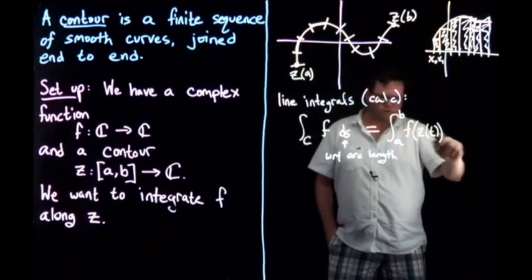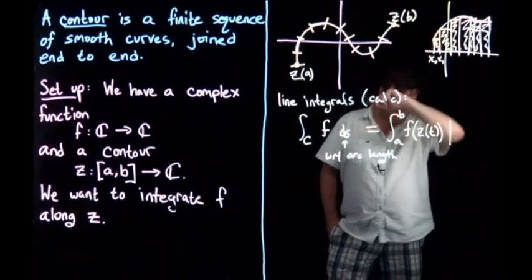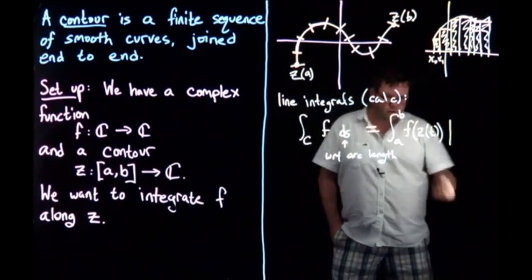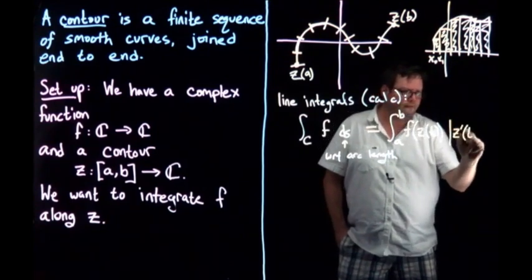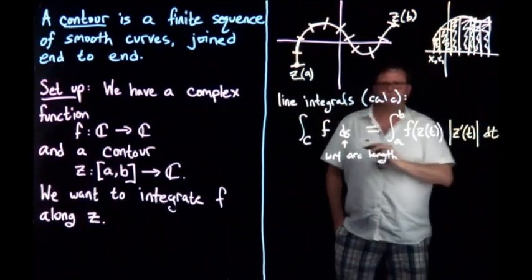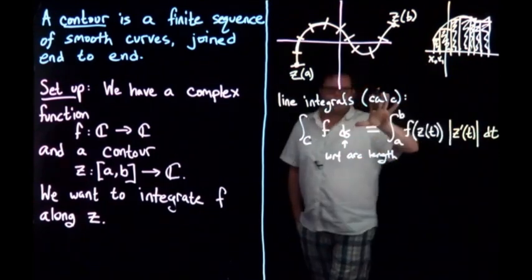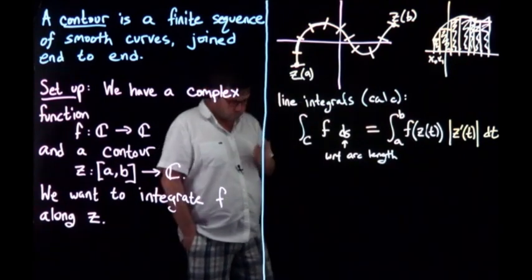We have to multiply by the speed of the curve at each point. The speed is, remember, in this case, the magnitude of the derivative. And we integrate with respect to t. That's the Calc 3 version of a line integral.